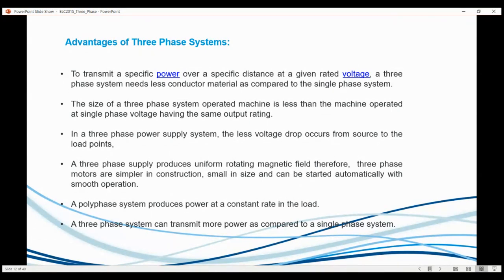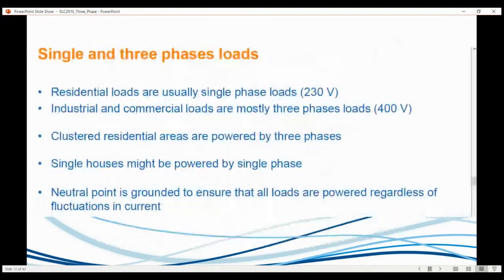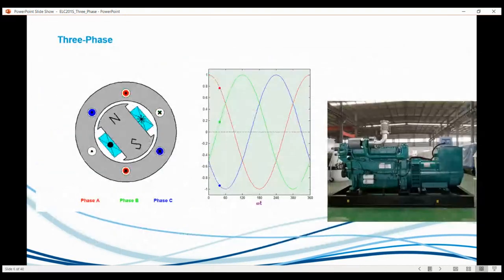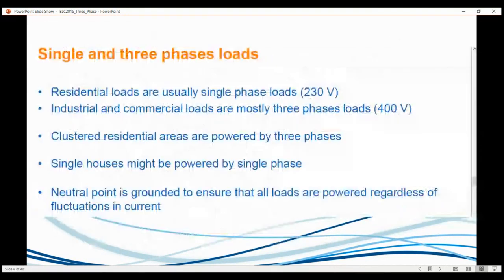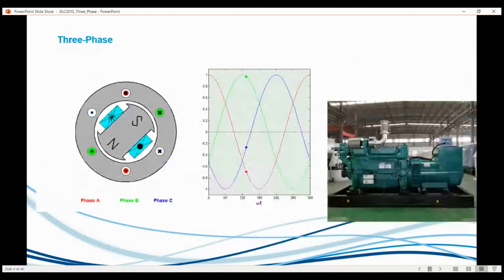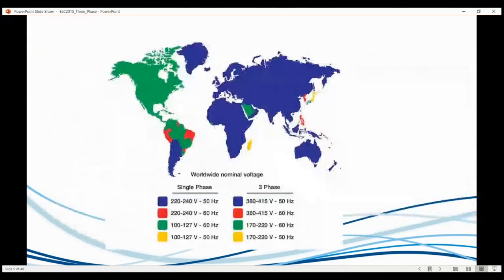Next, there's a uniform rotating magnetic field, which is essentially to do with these voltage waveforms as well. It's nearly constant, but we'll talk about that.